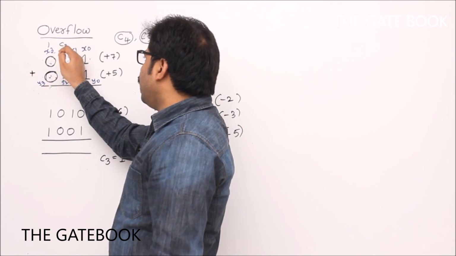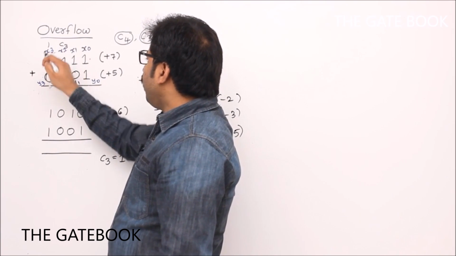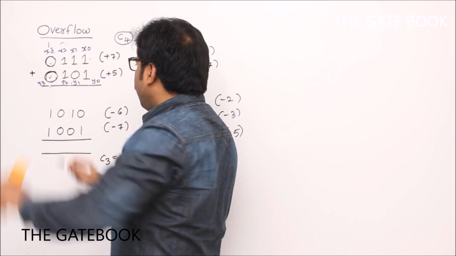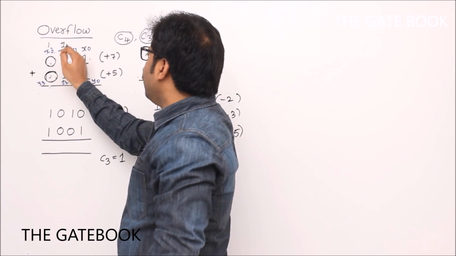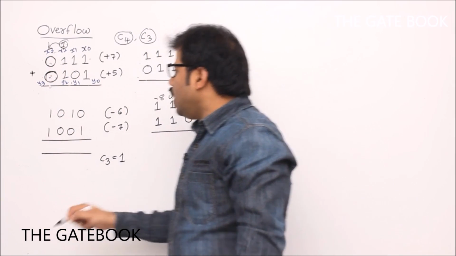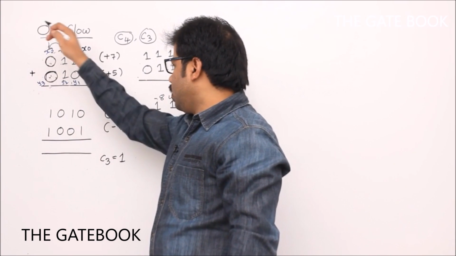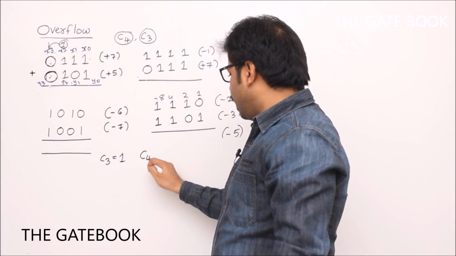We know what C3 is, already I told you, right? So the carry from this section, especially here in this problem, is 1, correct? So that 1 comes here, then you are adding them. But still there is no carry out from this section. What is the reason? That is case number 1.